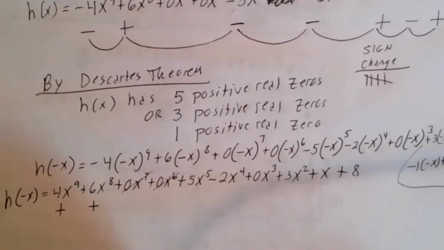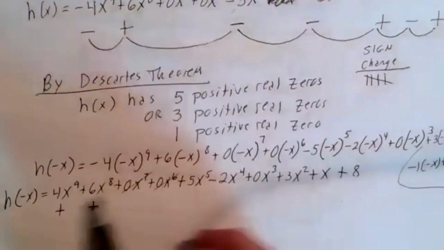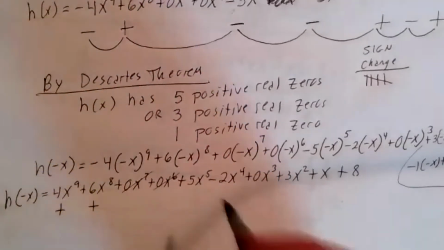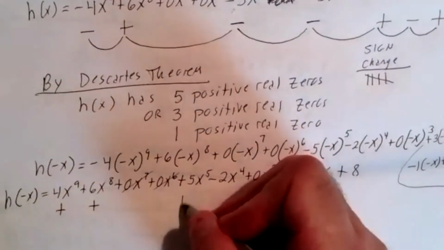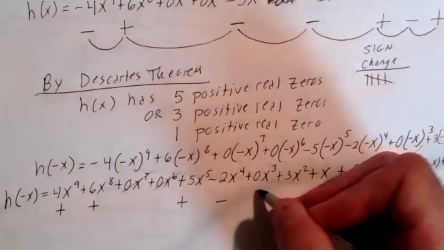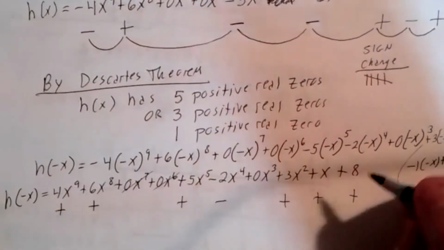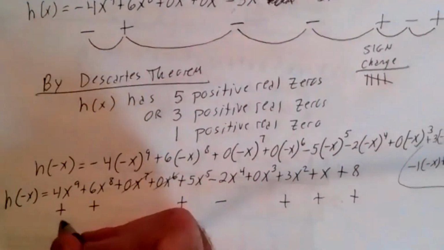With Descartes' rule of signs, for both parts, for finding positive zeros and negative zeros, when you have 0 placeholders, you don't assign them any sign. You just skip over them. So we skip over these, and then we go to a positive term, negative term, skip this, positive term, positive term, positive term. Now we count all the sign changes.